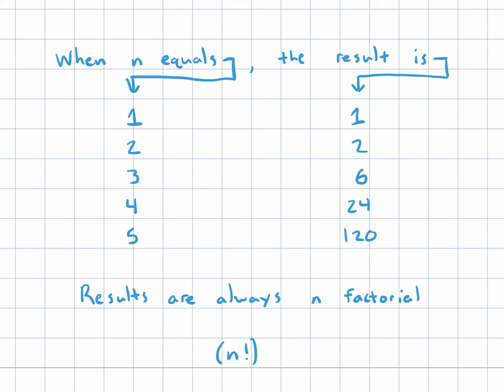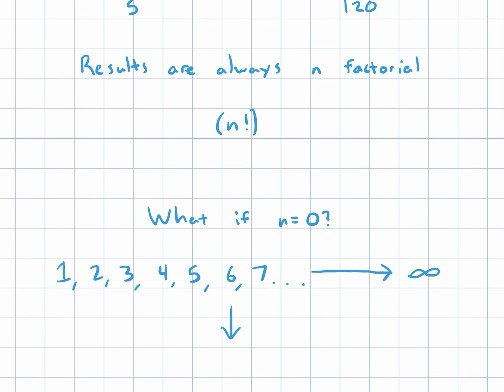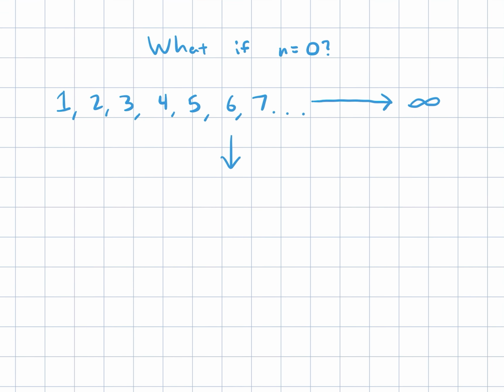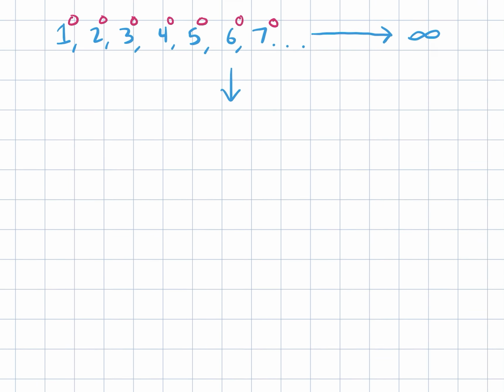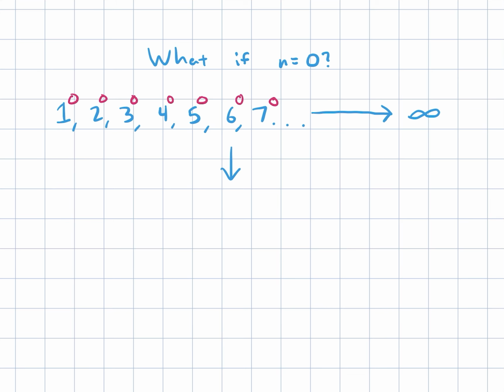So now, what happens if we plug in 0 for n? Well, let's put n as 0, and we put 0 as the exponent for all of these, which, as you know, would just be 1, because anything to the power of 0 is just 1.